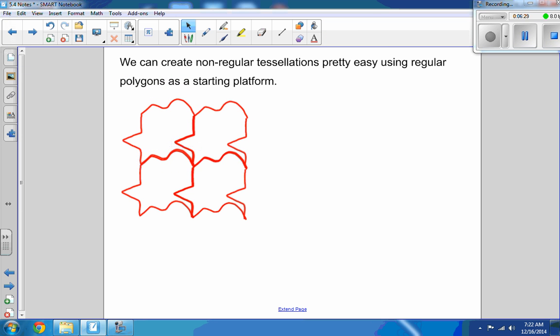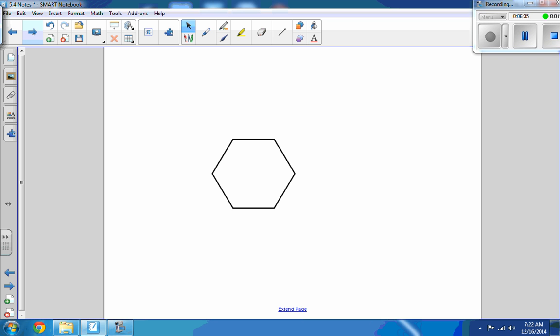And I could keep doing that. I could fill this whole screen with that single shape. I can do that with any regular polygon that can create a regular tessellation. So in other words, triangles, squares, and hexagons.